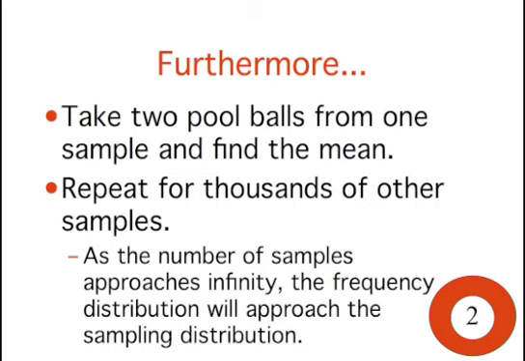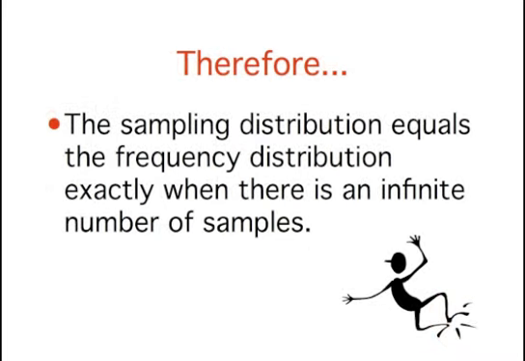The more samples, the closer the relative frequency distribution will come to the sampling distribution. In other words, you can conceive of a sampling distribution as being a frequency distribution based on a very large number of samples. To be strictly correct, the sampling distribution only equals the frequency distribution exactly when there is an infinite number of samples.